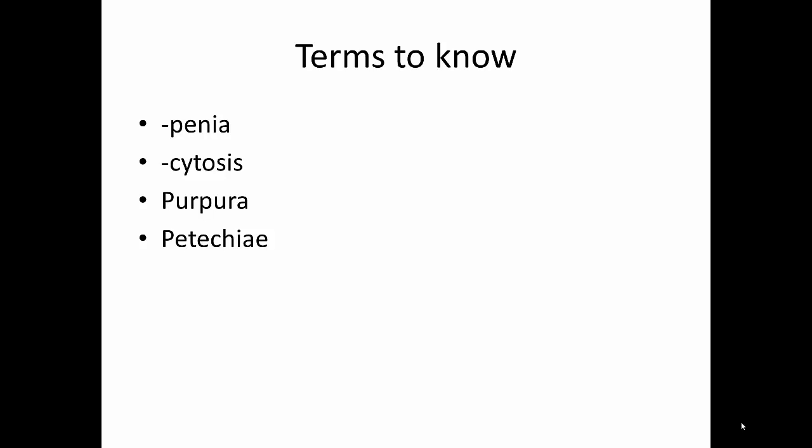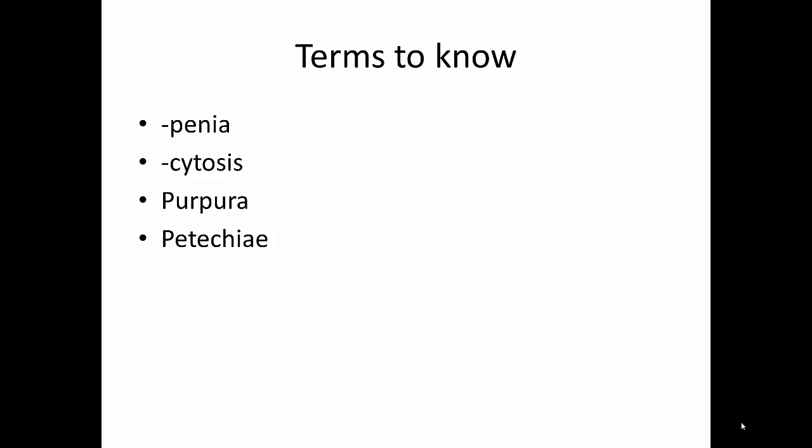So if we have small pale cells, if I have a hypocytic, hypochromic cell, what's wrong with that cell? And is it going to do its job? Well, it's small and it lacks hemoglobin, so no, it's not going to do its job.